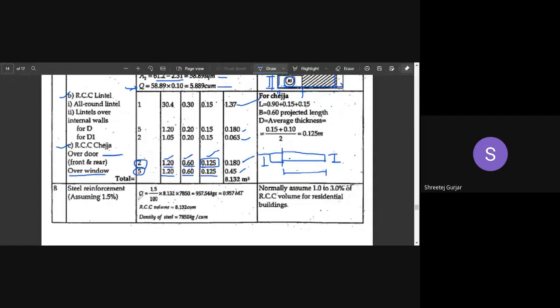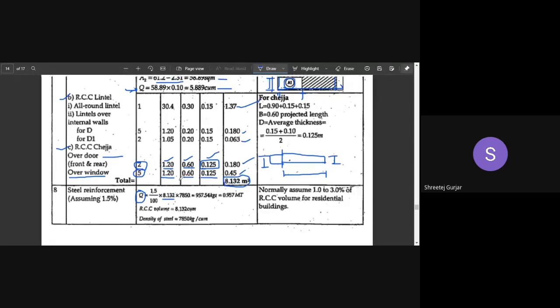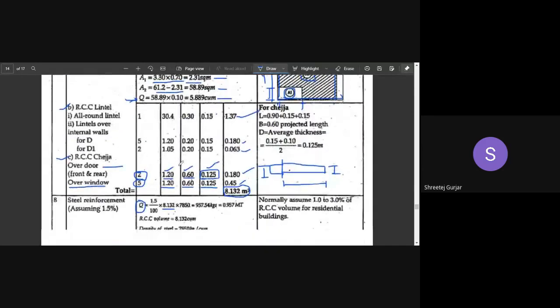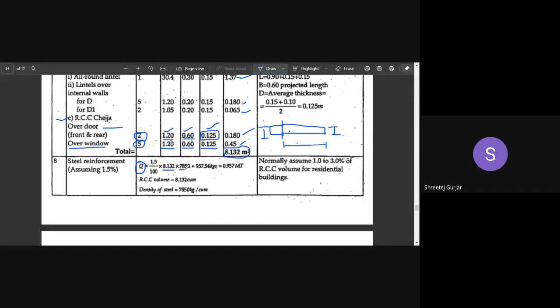So the quantity of steel reinforcement required, Q, is equal to 1.5 divided by 100, because it was in percentage, into the quantity of RCC work. The quantity of RCC work is 8.132, into the density of steel in kg per meter cube.